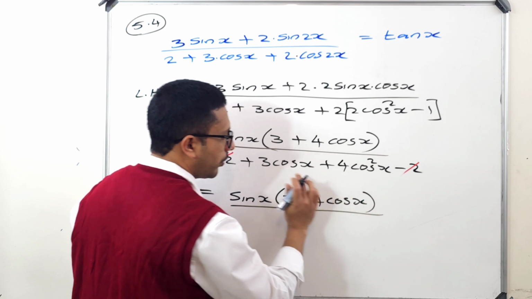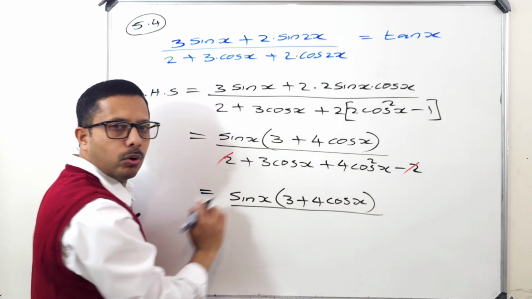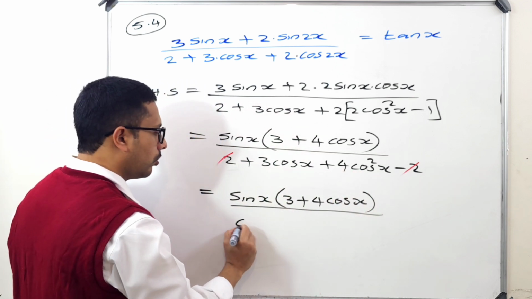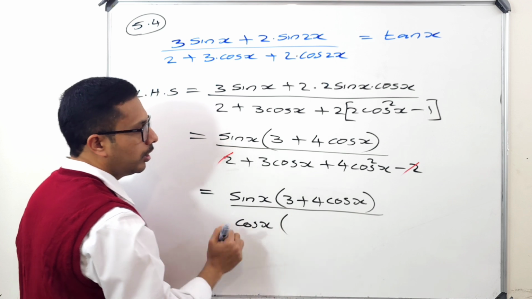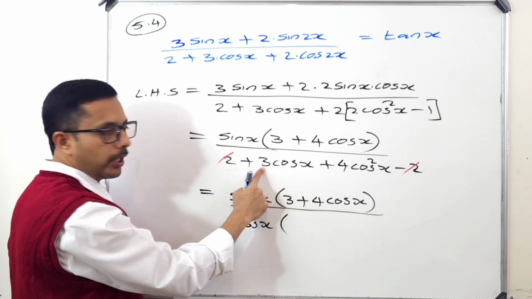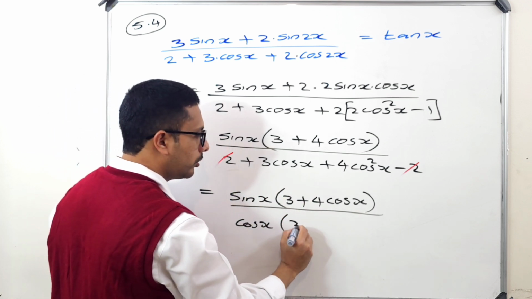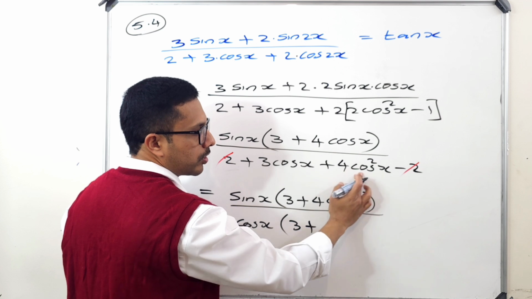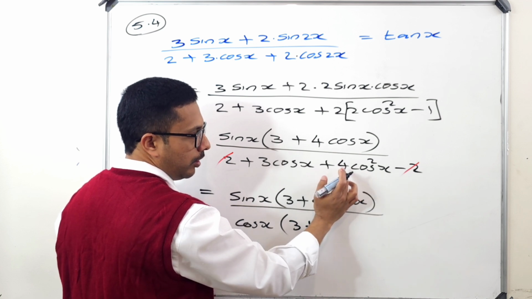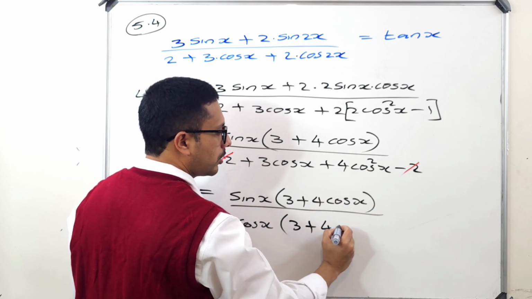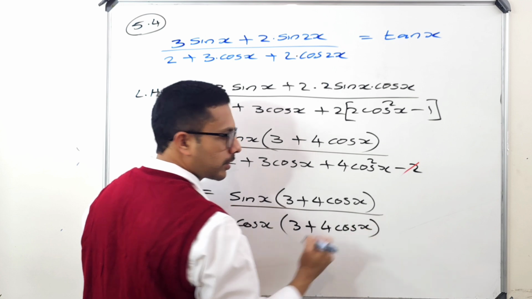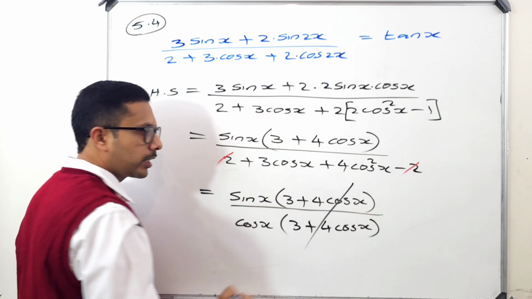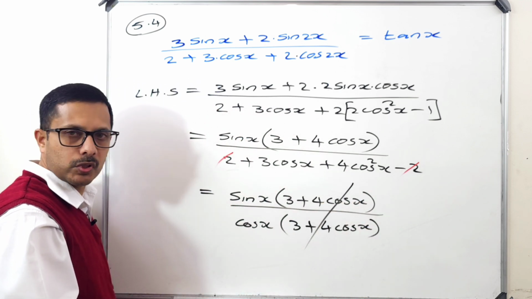divided by, from these two terms I'm going to take cos x as common. So if I take cos x from here, what is remaining? Only 3, am I right? So 3 plus, if I take one cos x from here, what is remaining? 4 into another cos x, so it is 4 cos x. So these two are the same thing, 3 plus 4 cos x, cancel.